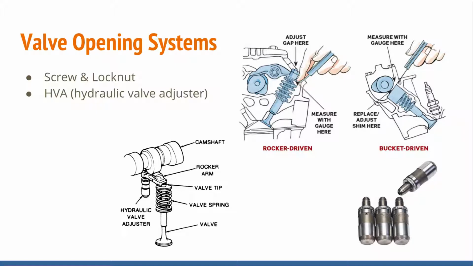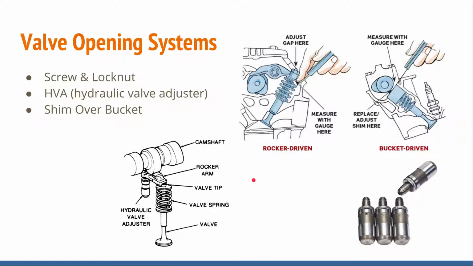So they allow for a little cushion before the camshaft is able to press on the valve, and that also takes care of the air gap. Once it overcomes that little bit of cushion, now the camshaft is able to press on the rocker arm and open the valve.